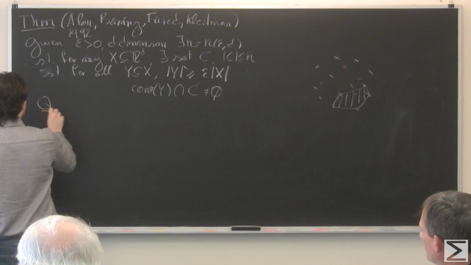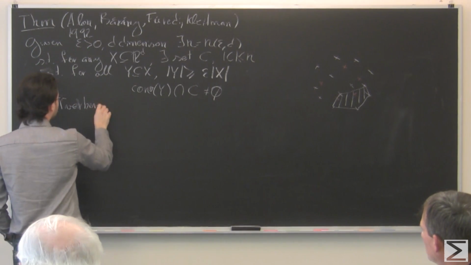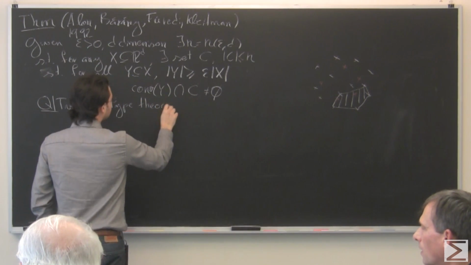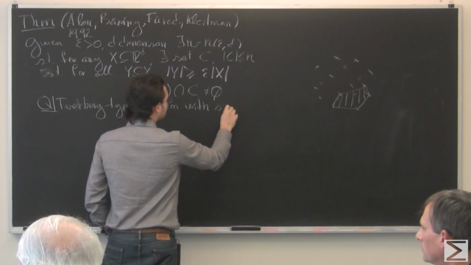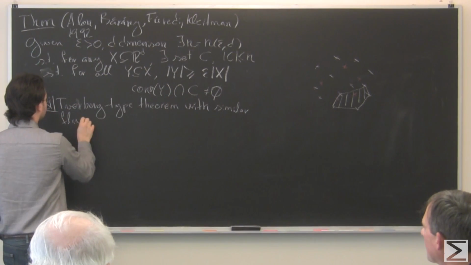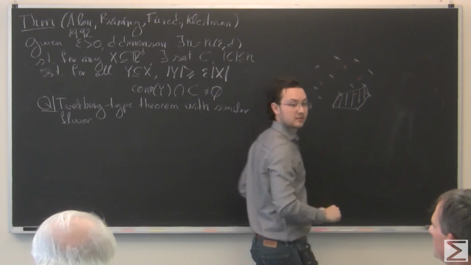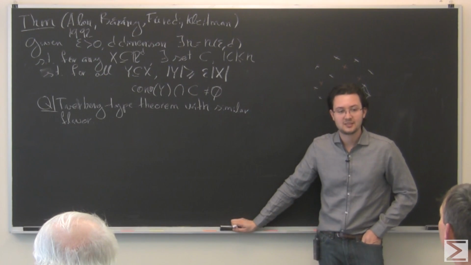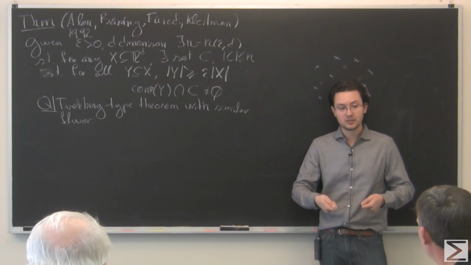Right, so one question is a Tverberg theorem with a similar flavor. Okay, so I'll be very vague about what I mean by this. Is it constructive at all? Can you program a computer to find the set? So if you have an oracle that, given a set, gives you a Tverberg partition, you can do it.